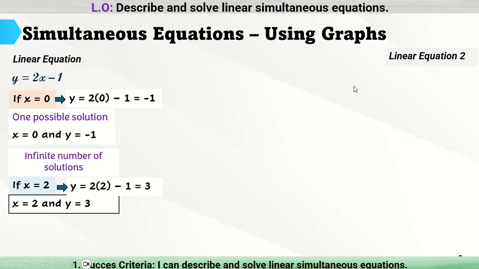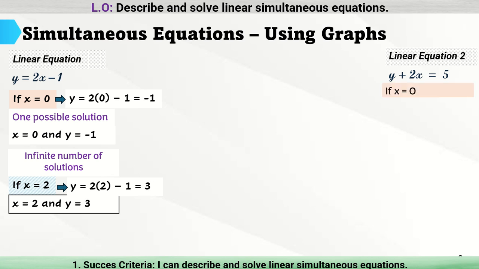Now let's consider the second equation, which is y plus 2x equals 5. Here the same case is that we have two unknown variables, so we will try different values of x to get y. Let's suppose x is equal to 0.